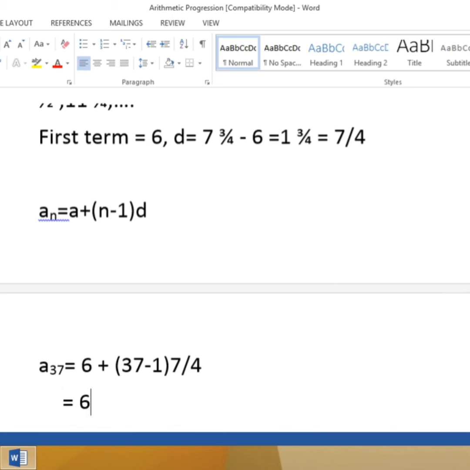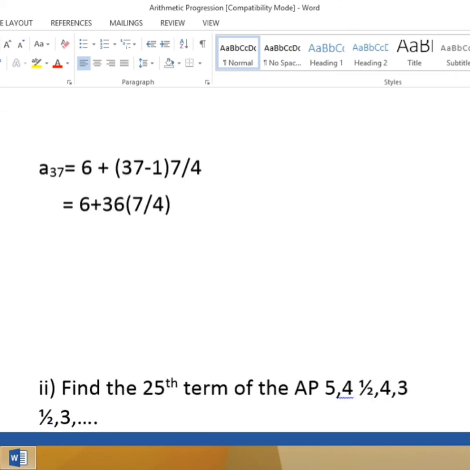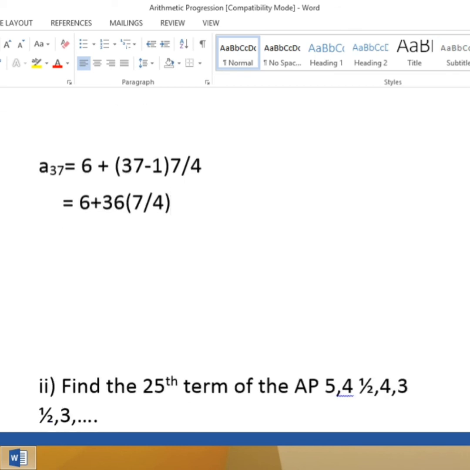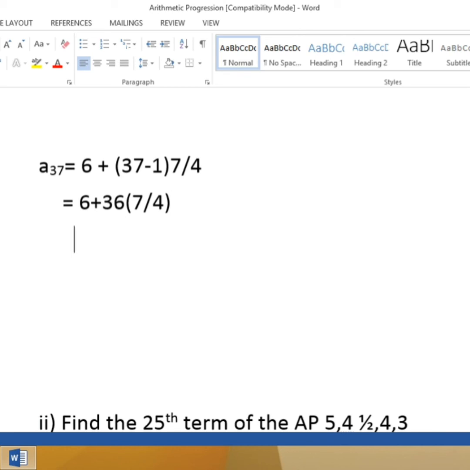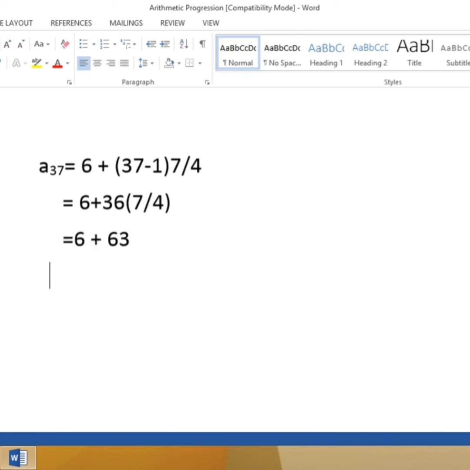So 6 plus 36 into 7 by 4. 4 goes into 36 nine times. So 9 into 7 is 63. 6 plus 63, that's going to be 69.